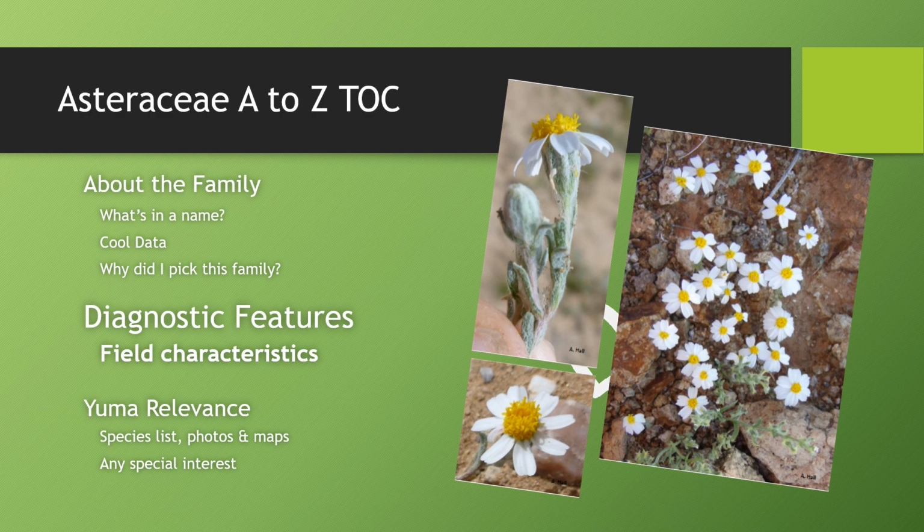Then I'm going to focus pretty heavily on diagnostic features, so all of you would know the field characteristics of when you're seeing an Asteraceae plant, and that then helps you know it's not one of the other 157 families if you're in Arizona. And then I'm going to talk about the relevance to Yuma, give the list of species that should occur here in that family, photos, maps, and anything of special interest, which of course I have something of special interest.